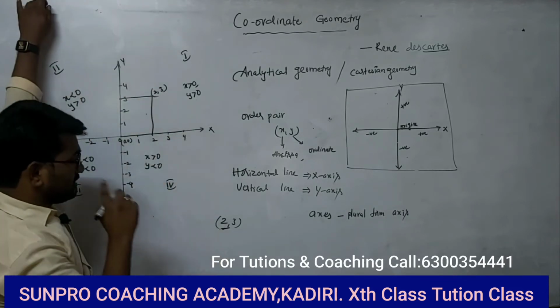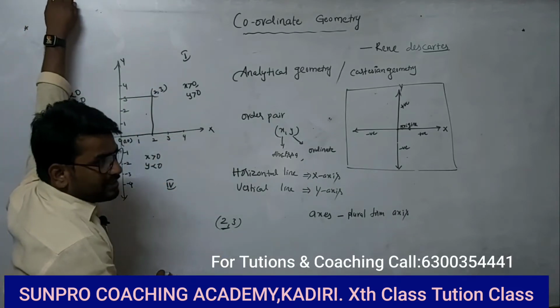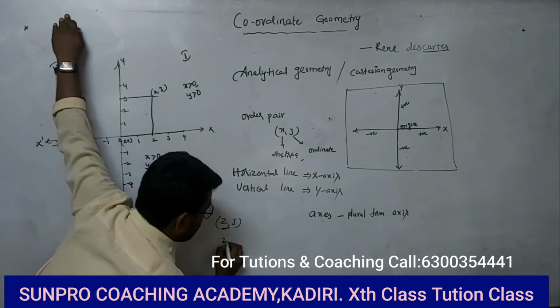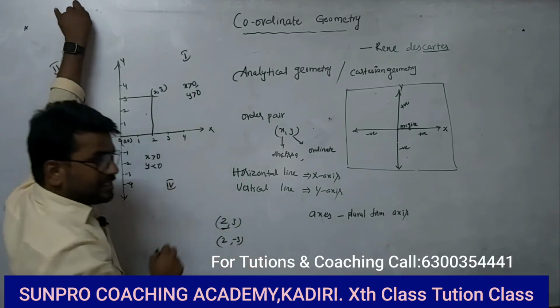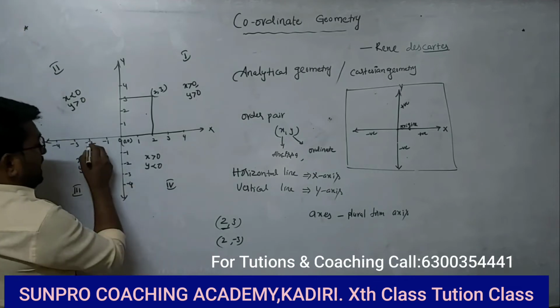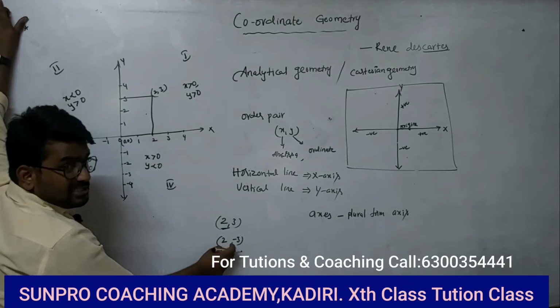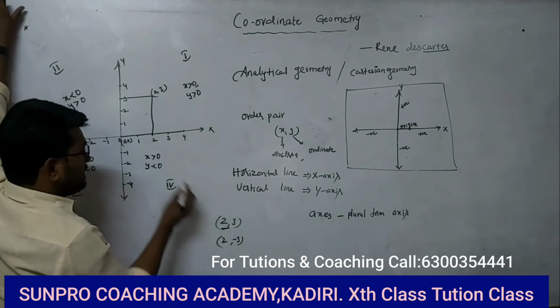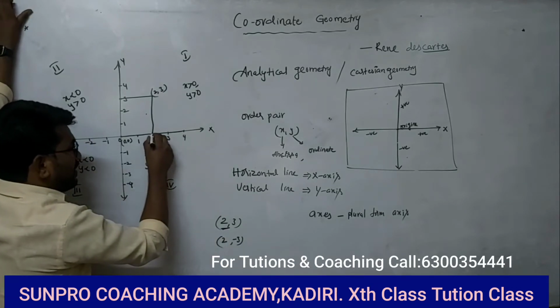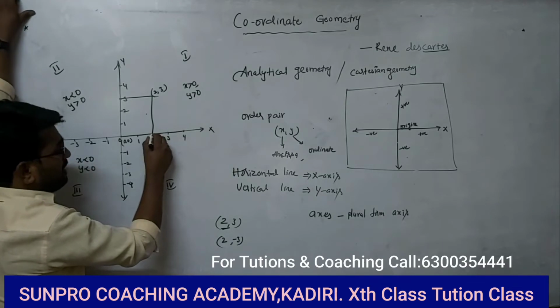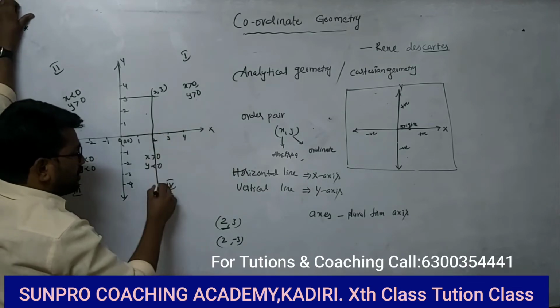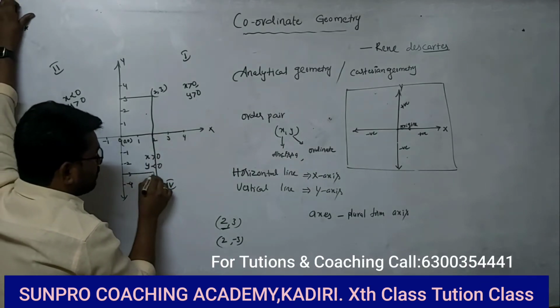Now, plotting points. We learn how to plot (2, 3) and (2, -3), how to represent. On the x-axis take 2 and on the y-axis take -3. See, on the x-axis 2 and on the y-axis -3, where will they meet? From 2 draw one perpendicular line, from -3 draw one more perpendicular line.